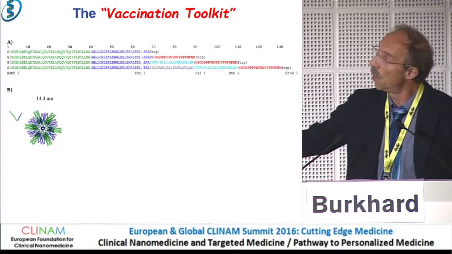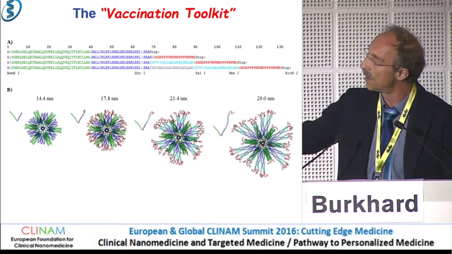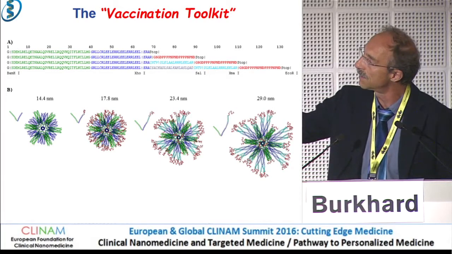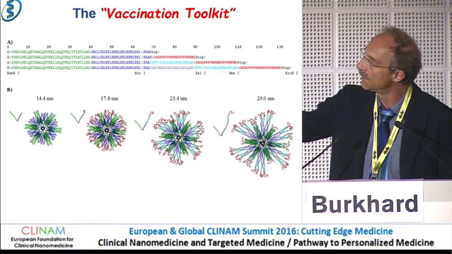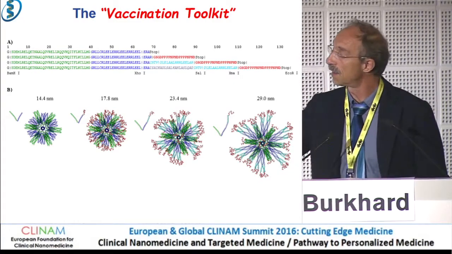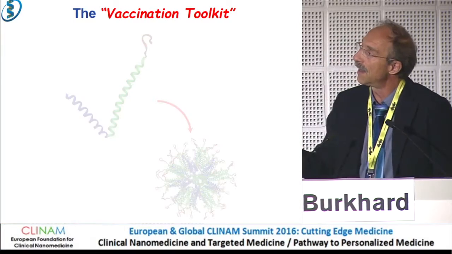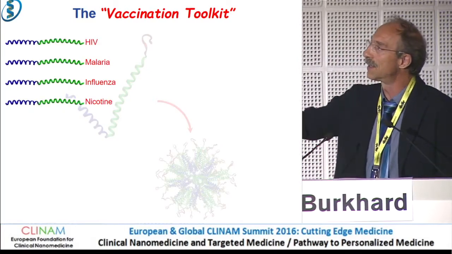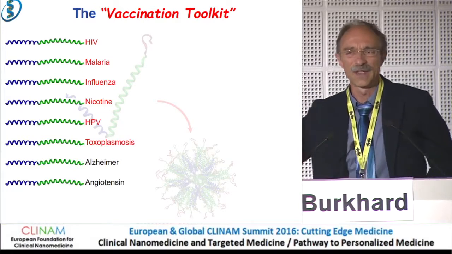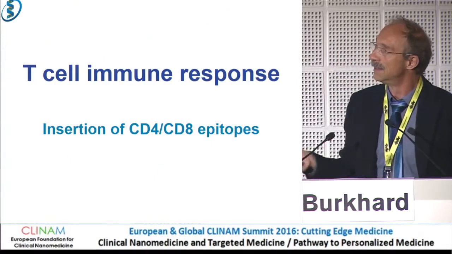So it's still only one single protein chain, and just by making the trimer a little bit longer, here you can see the trimer here is a little bit longer than it is here, you just increase the size of the particles. And if you have a particle of this size, it's a very good immunogen. So we can use that then as a vaccination toolkit. You can engineer pretty much a vaccine against any disease that you're interested in.